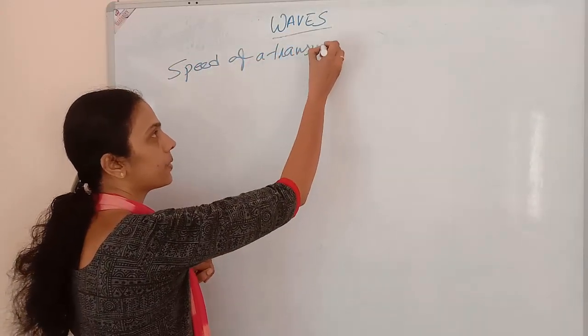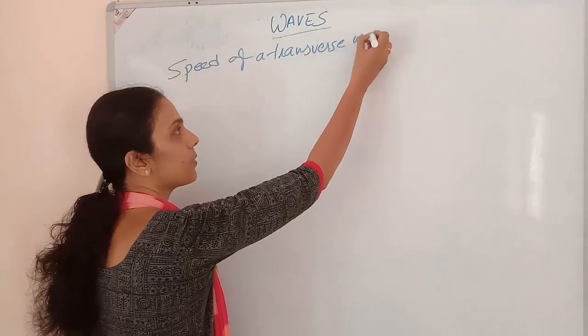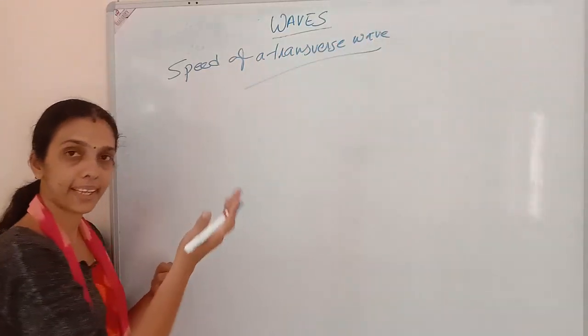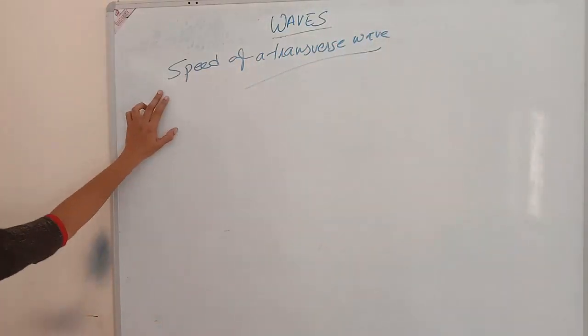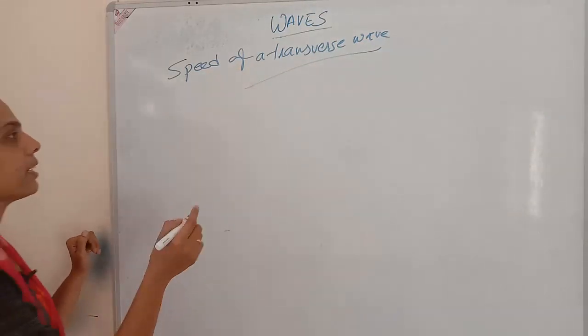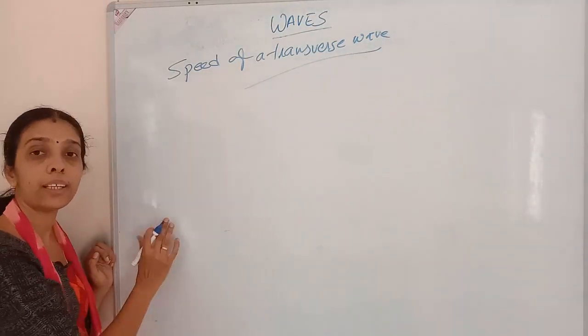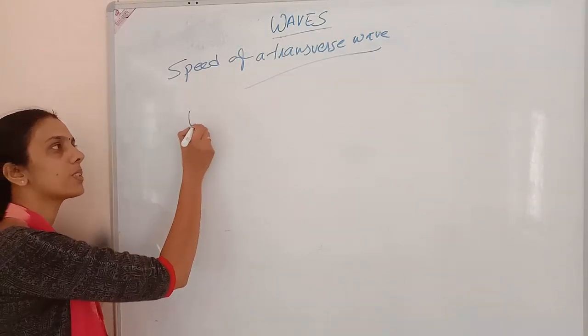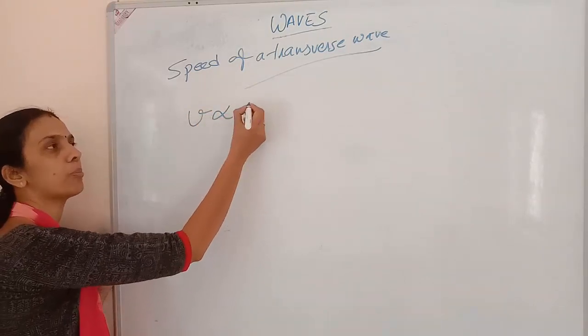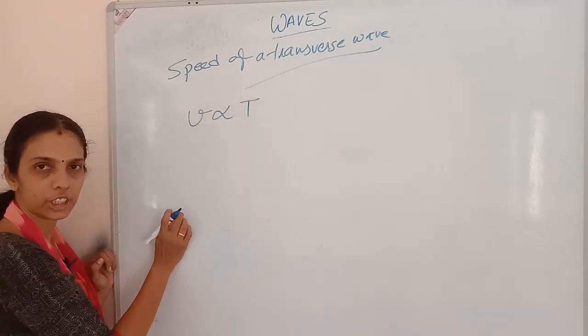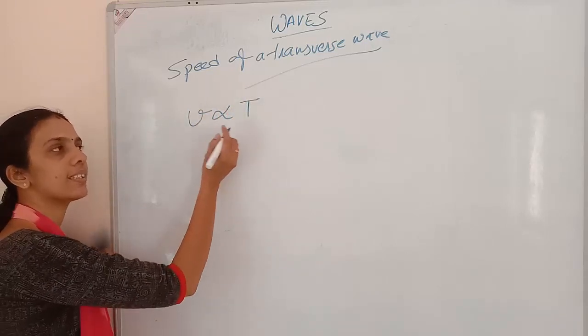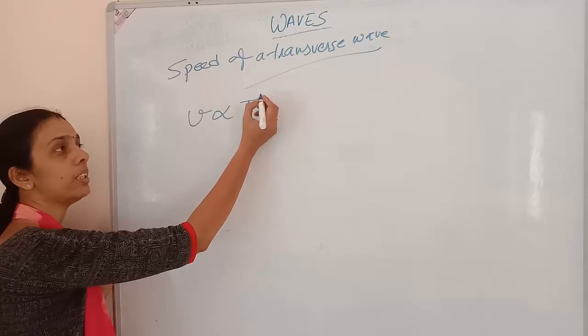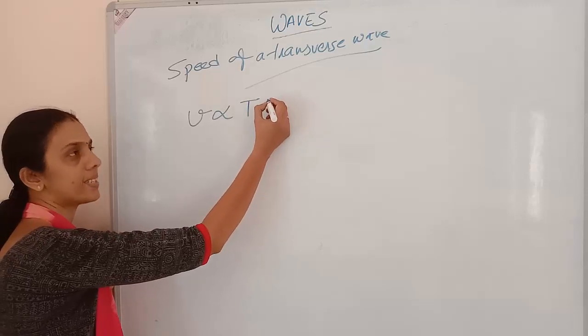Next we are going to do the speed of a transverse wave. Transverse means it is moving through a string. Here we are adopting dimensional analysis. The speed of a transverse wave is directly proportional to the tension acting on the string, and to the mass density.